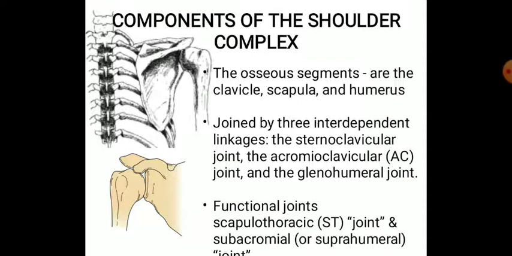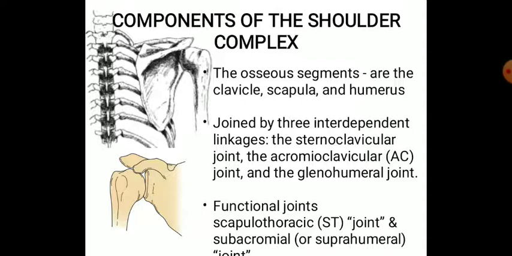Now you understand that with the help of these three bones, our whole shoulder region is connected. One interesting fact about the upper limb is that the clavicle is the only bone attached to the skeleton of our body.